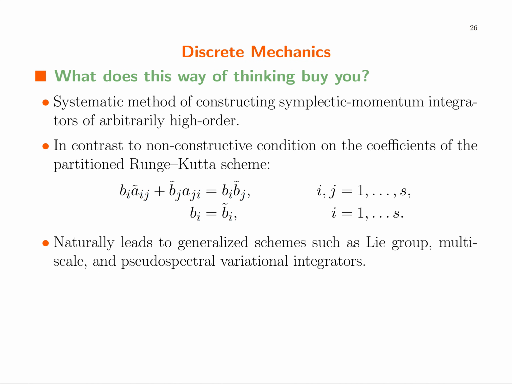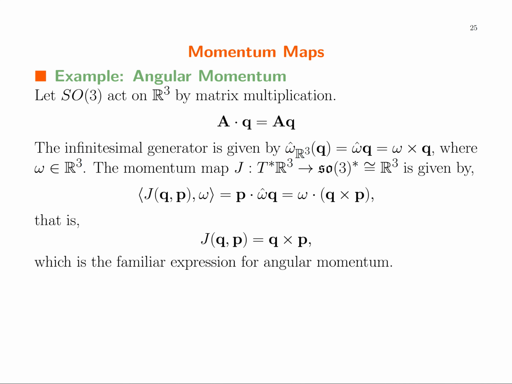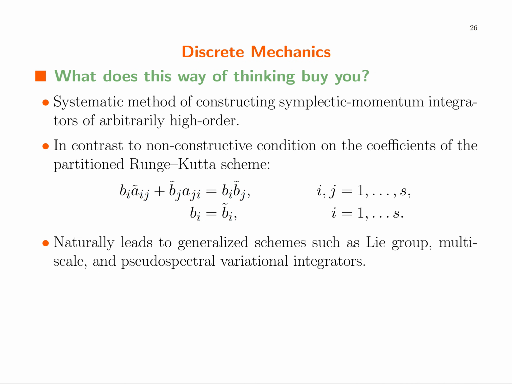Okay, so one might ask, well, what does this kind of thinking buy you? And this, in some sense, gives you a systematic way of constructing numerical methods which preserve or respect the symplectic structure as well as momentum preservation properties, and you can construct this to arbitrarily high order. Okay, so this is in contrast to what happens if you had a Runge-Kutta method.